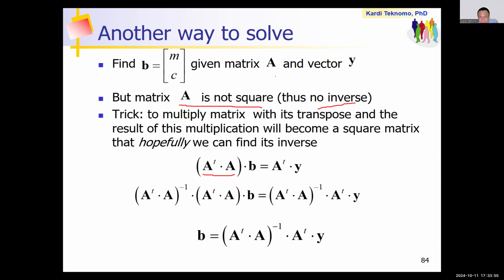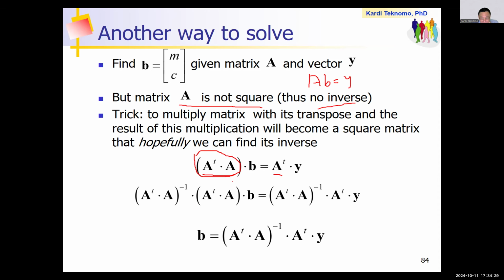Initially you have A times B equal Y, so you multiply the left-hand side with A transpose, and the right-hand side also with A transpose. But A transpose times A is actually a square matrix. Any matrix multiplied by its transpose becomes a square matrix.